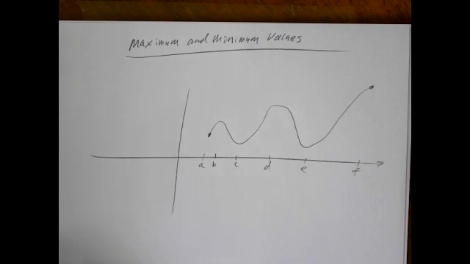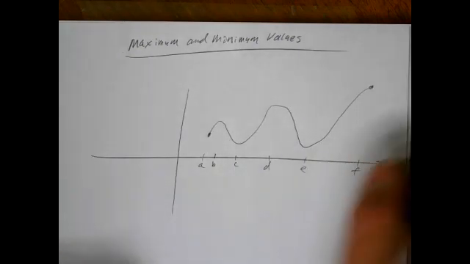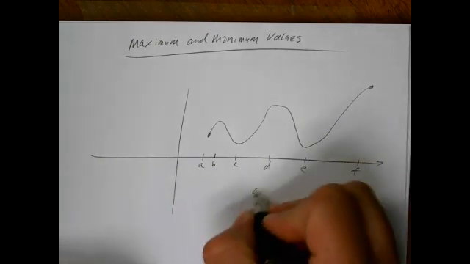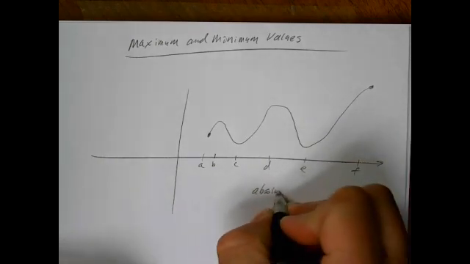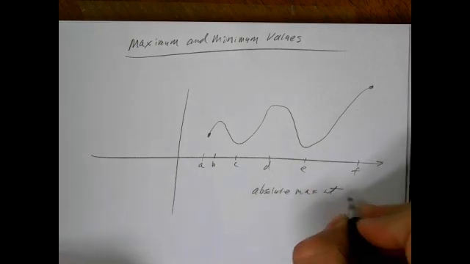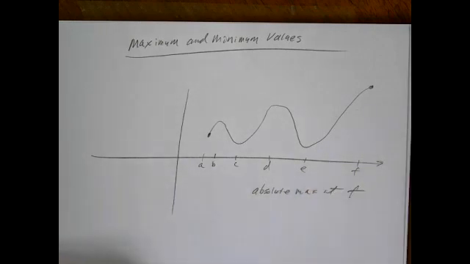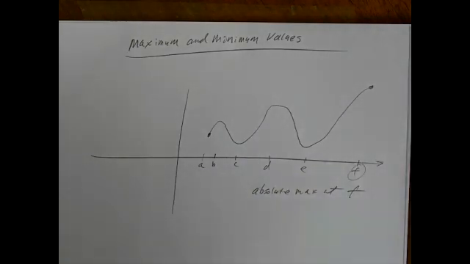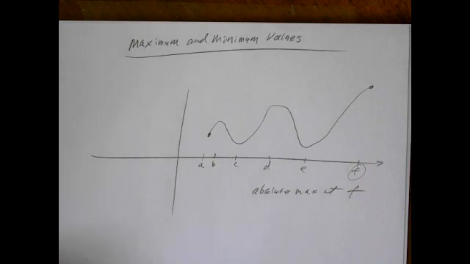It is sometimes called a global max. And for this particular function, we have an absolute max occurring at F, at the x value that I've called F. That function reaches the highest point that it reaches over its entire domain.